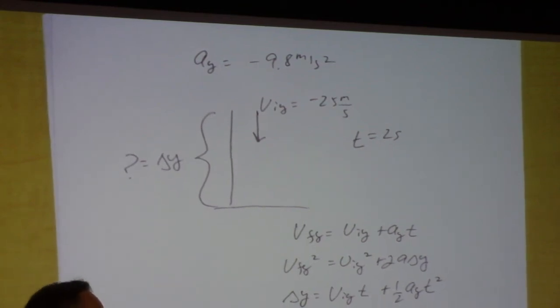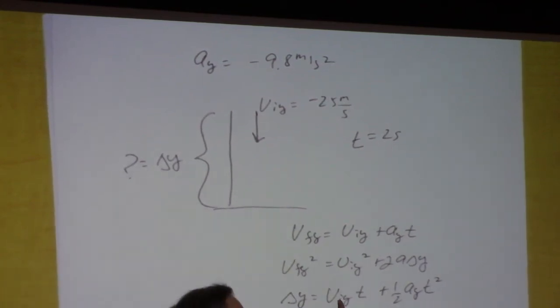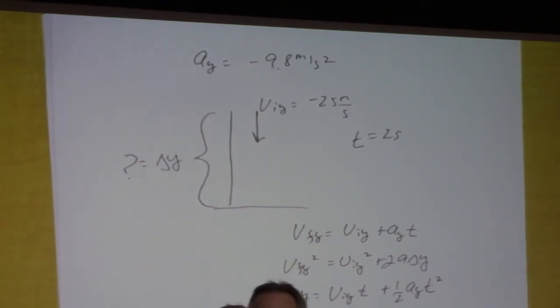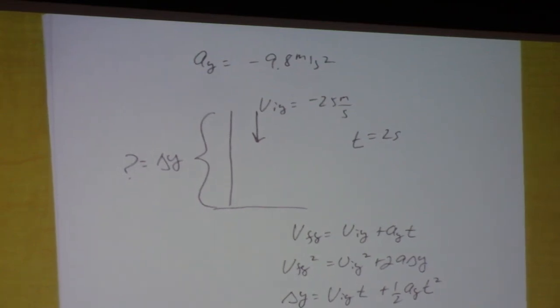Because here's one where delta y is equal to something else. We don't even have to do any algebra for this one. We know the initial velocity, we know the time, and you have to remember that you also know the acceleration in the y because we're in free fall. So we could use the third one there to figure out what delta y is. You could do this another way, maybe.